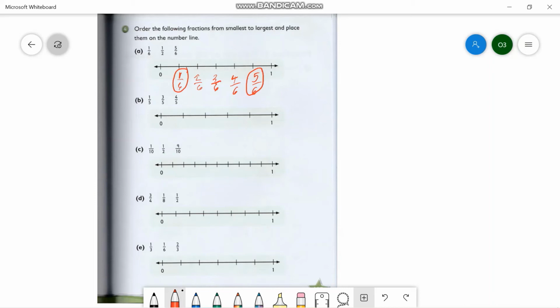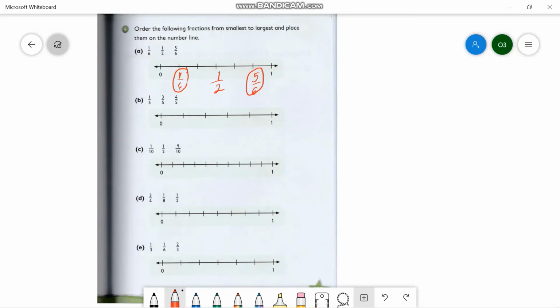Okay, again, as I told you, half of 6 is 3. So this is 1/2. You just have to write 1/2 at the middle, because half of 6 is 3.